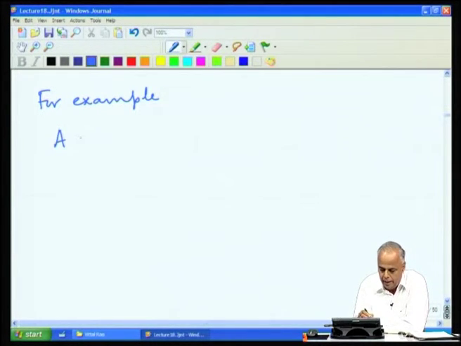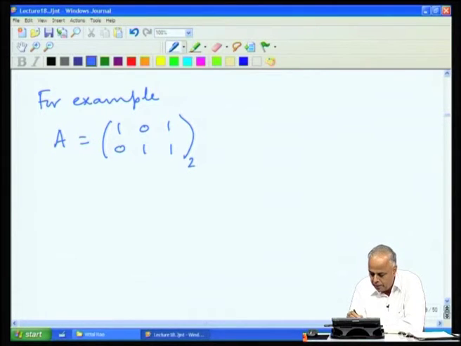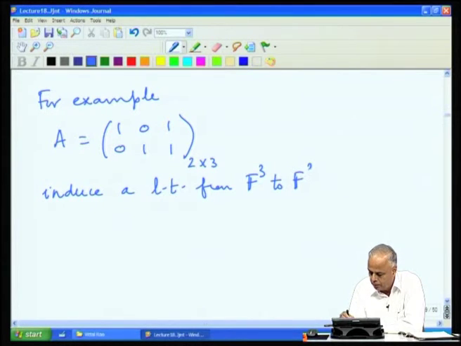For example, look at A equal to the matrix with rows 1 0 1 and 0 1 1. Now, this is a 2 by 3 matrix. So, this is m equal to 2, n equal to 3. Therefore, this will induce a linear transformation from F3 to F2. Let us call this TA mapping F3 to F2. How is it defined?